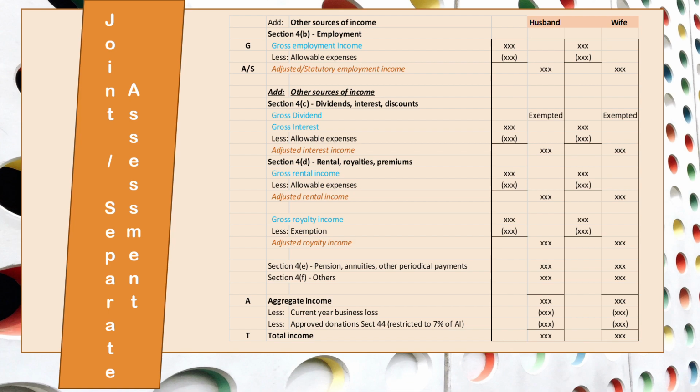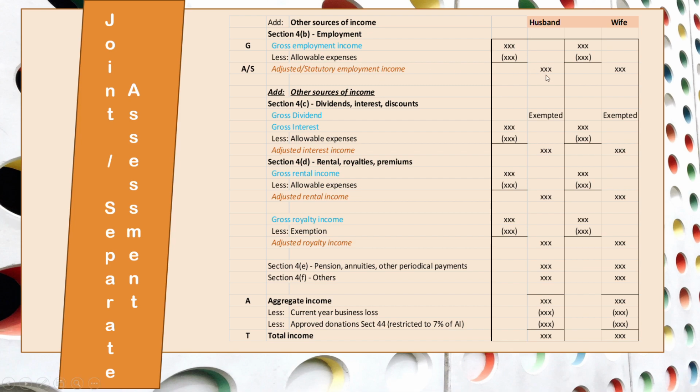Okay, before we look at what joint assessment and separate assessment are, whenever you do your tax computation, especially when you have husband and wife, you would do the computation separately for the husband and for the wife. With regard to the husband, you would calculate his employment income, the expenses that can be deducted, and therefore his adjusted and statutory employment income.